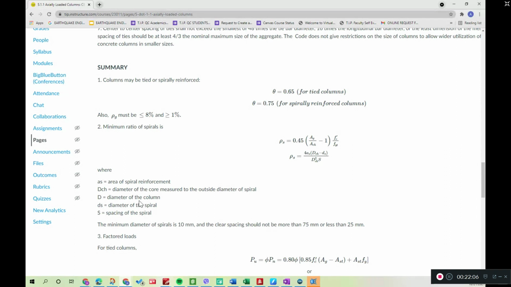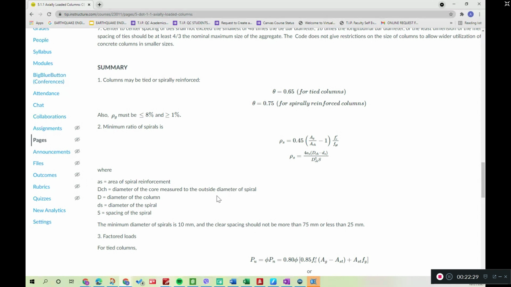Measured to the outside diameter of the spiral. So meaning it's not within. Yeah, I think it's conservative. Do you get this one? Diameter of the core measured to the outside diameter of the spiral.